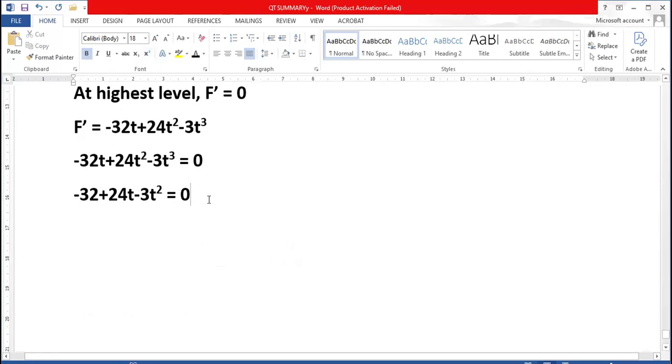When you have something like this, think about the quadratic equation. In short, it's negative 3t squared plus 24t minus 32 is equal to 0.